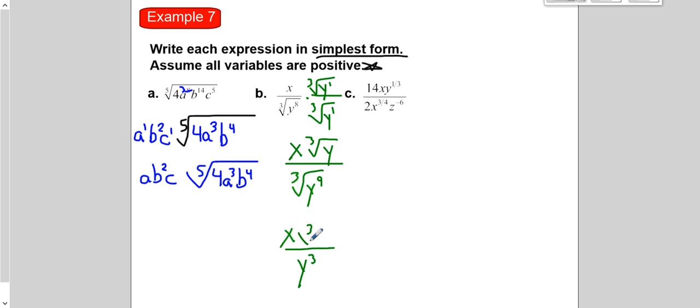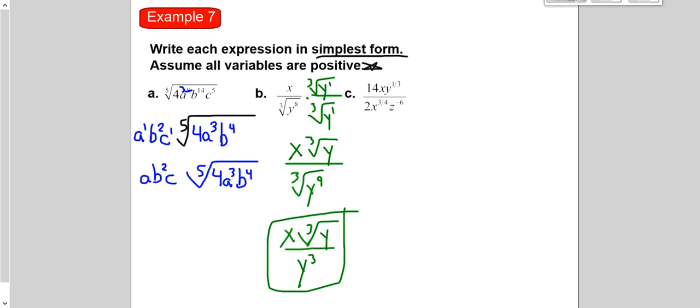Make sure you tuck in that index so we know that that's not an exponent. See here, it kind of looked like an exponent of the x and kind of looked like part of the radical. It was hard to tell which. So I like to tuck it in that little piece of the radical sign right there. All right, x times cube root of y all over y cubed.